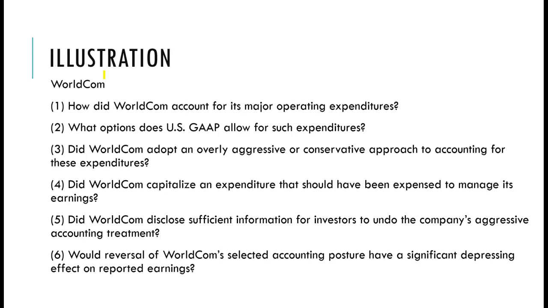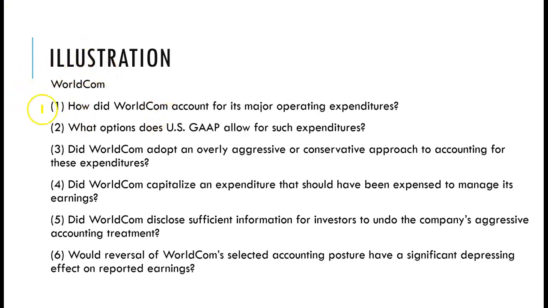So, what is WorldCom? WorldCom is a large US company whose accounting policy resulted in a major Wall Street scandal. Informally, in indicting the company on its faulty accounting practice, the following questions might be asked.